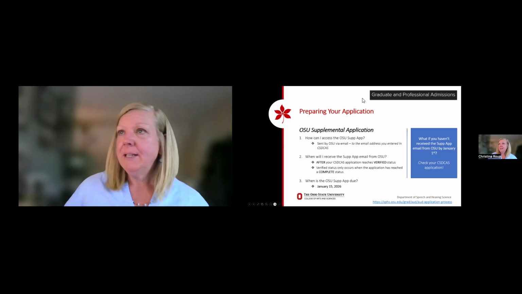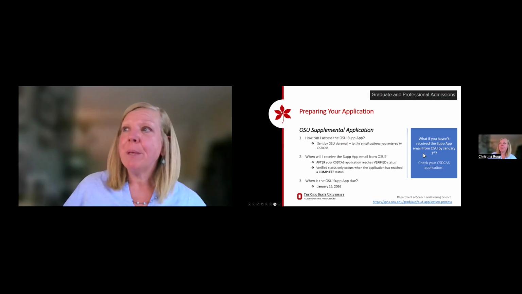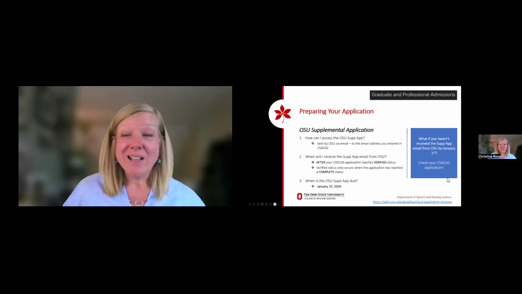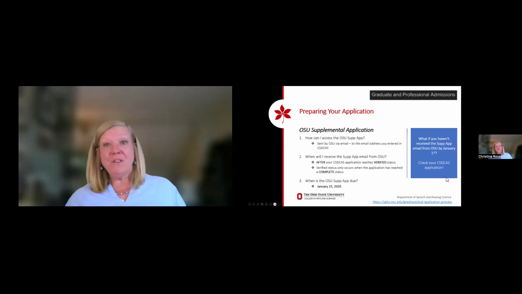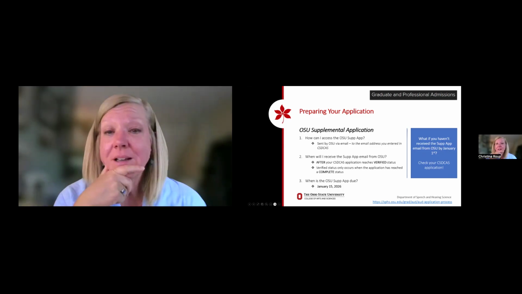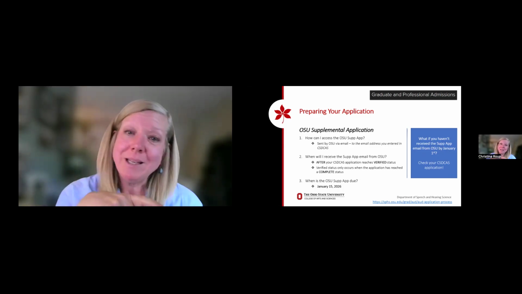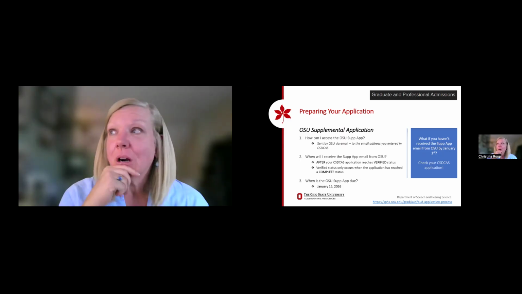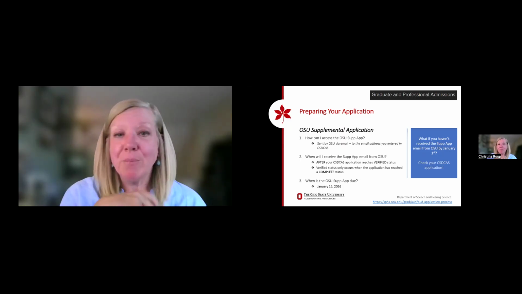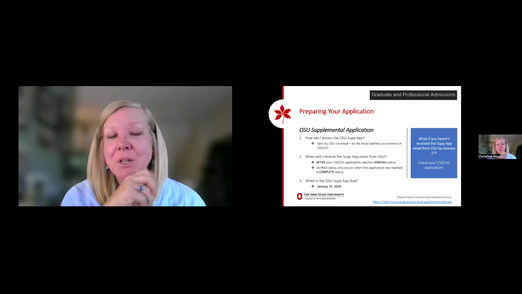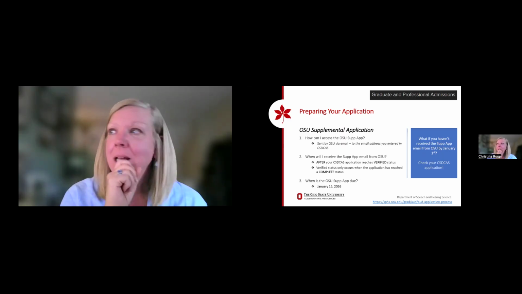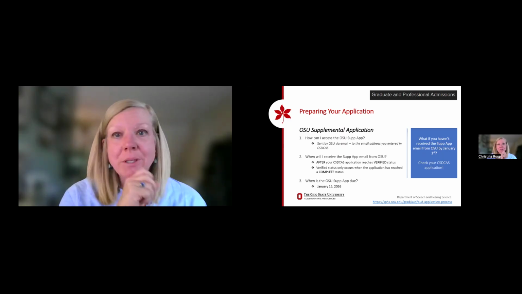So there you go. What if you haven't received the SUP app email from OSU by January 1st? Check your SIDCAS application. And if you are certain it's verified and complete, then that's something that we need to manage on our end. Like, hey, grad and professional admissions, this student didn't get their SUP app.